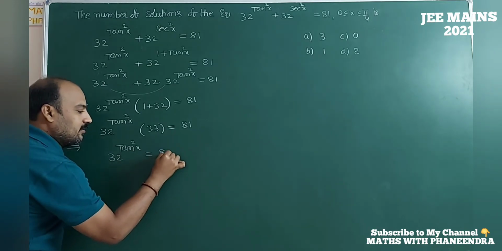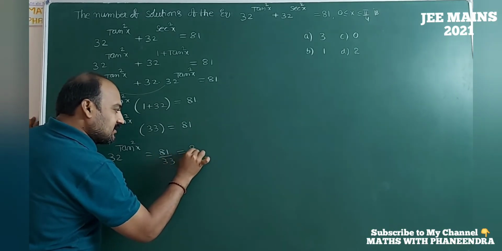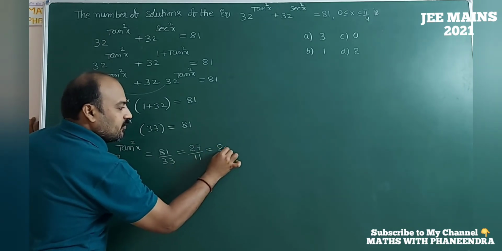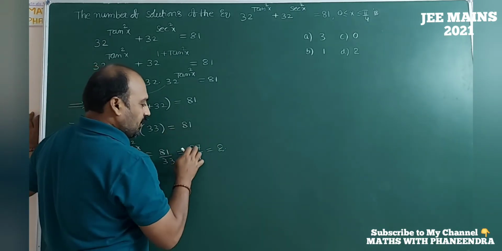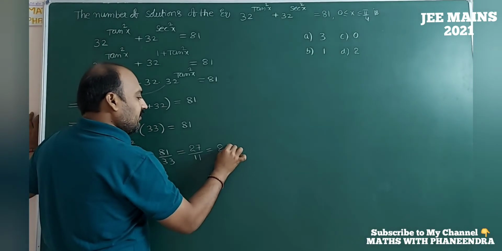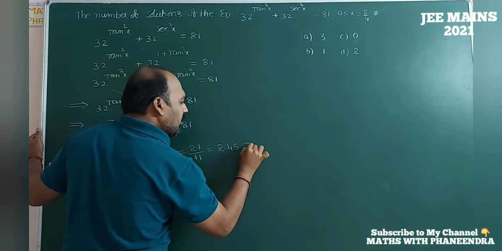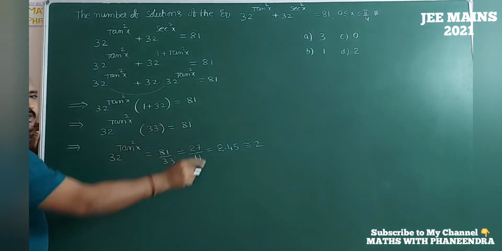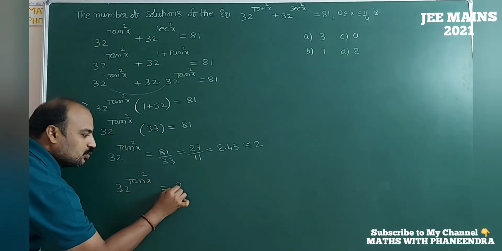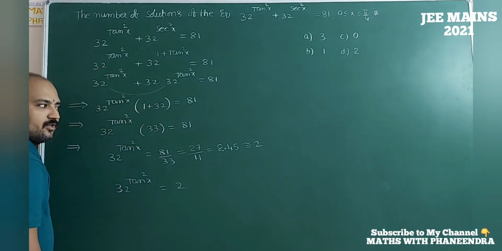32 power tan square x is equal to 81 by 33, that is 3 27s, 3 11s, approximately 2.45. You can take it as 2, suppose, without decimals. 32 power tan square x is equal to 2. I am taking the rounded value here.